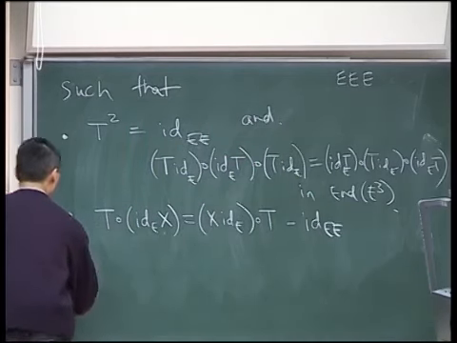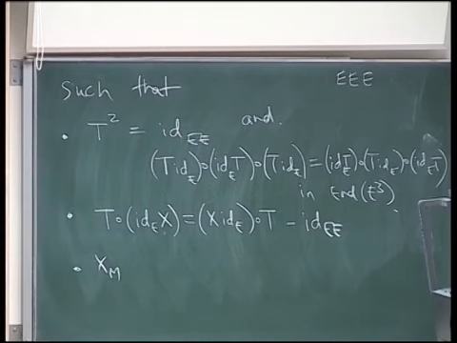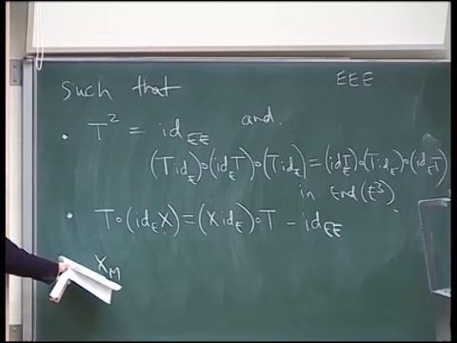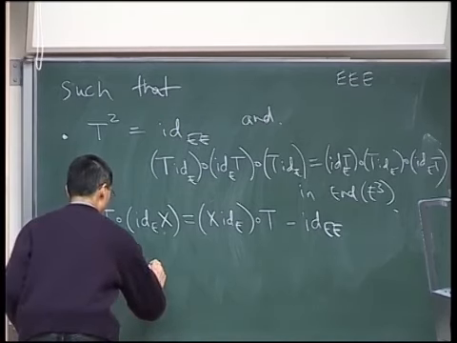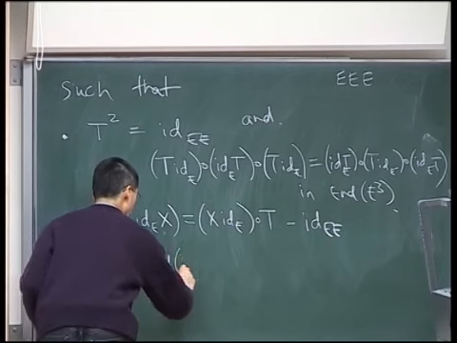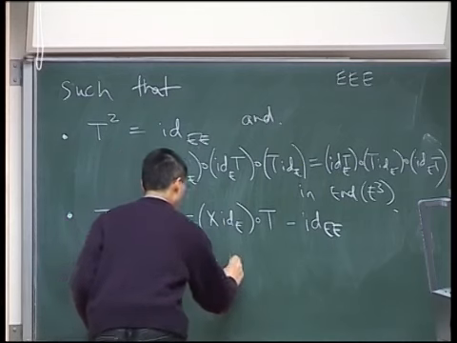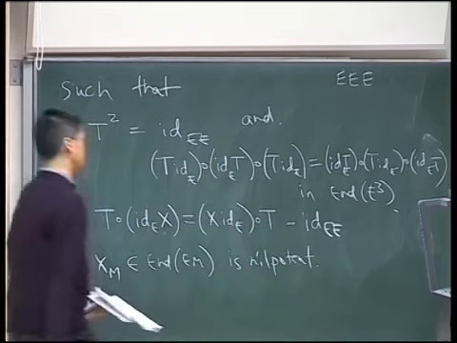Okay, and then finally, we ask that x is locally nilpotent. So on any object M, x acts nilpotently.